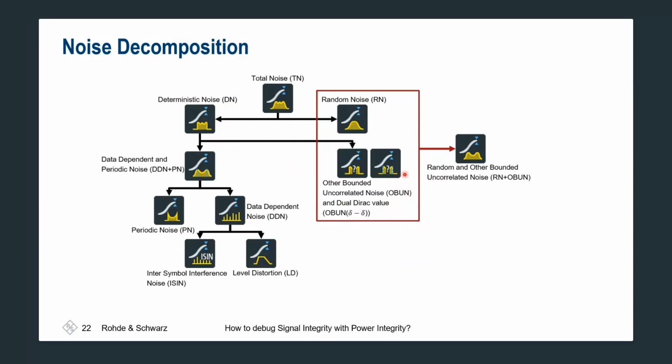Our jitter algorithm gives you the possibility to select random plus other bounded uncorrelated noise components to be shown separately or together. The algorithm also provides the decomposition of the commonly known noise components such as data-dependent, periodic, and intersymbol interference noise components, just to name a few.